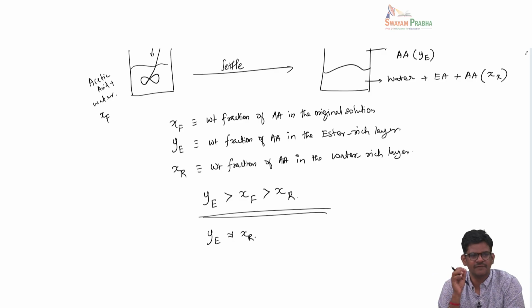But we are taking advantage of the fact that acetic acid likes to be in the ester layer in far more quantity than in water. That is the guiding principle in liquid-liquid extraction. So, we need to find a solvent or added insoluble liquid such that the solute likes to be in that solvent in much more quantity than in the original solution.